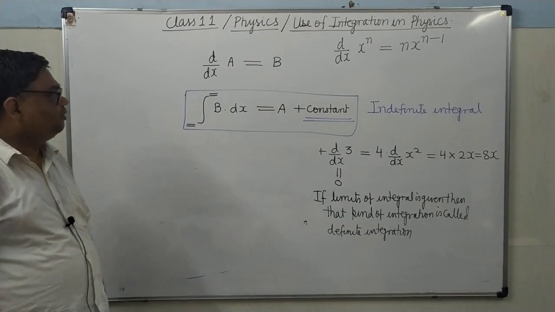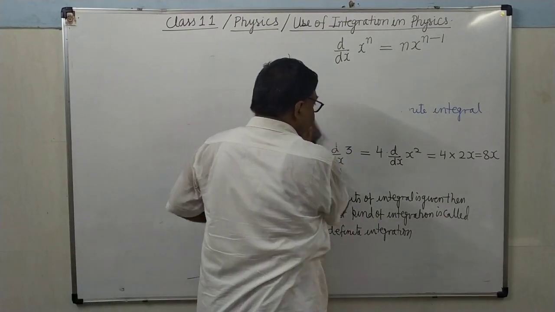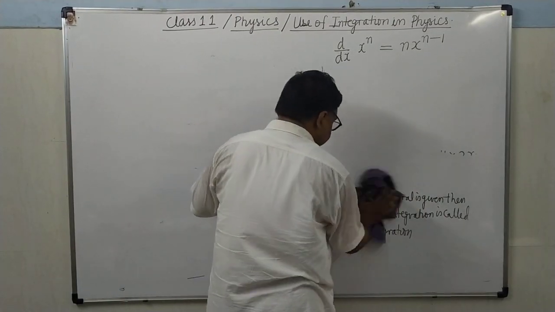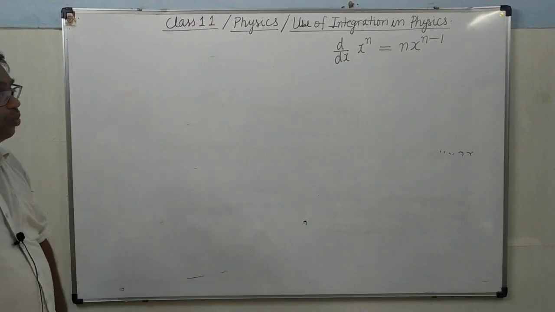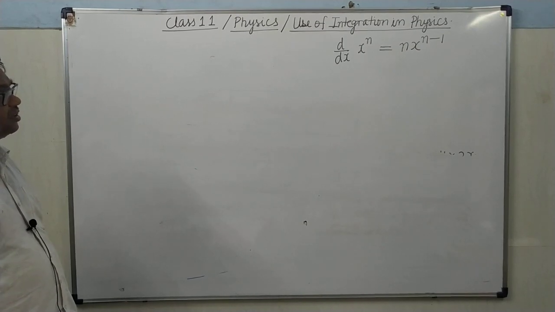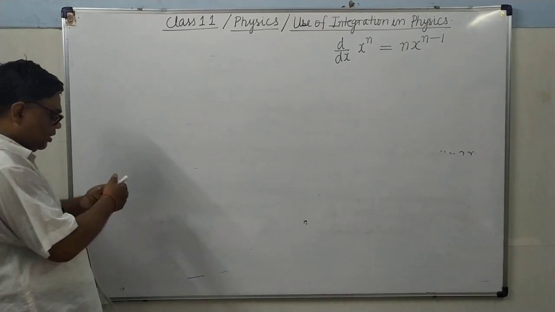So now see here, you know that formula in the differentiation, d by dx of x to the power n equals nx to the power n minus 1.